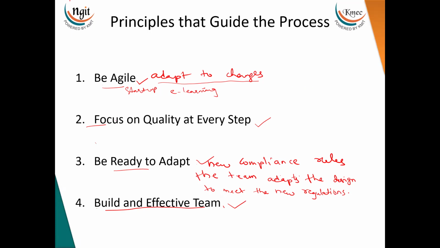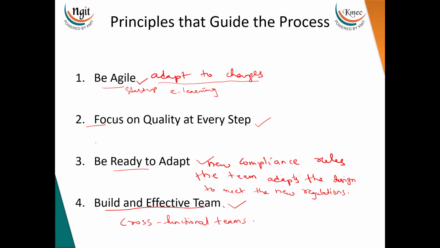So for example, let us say there is a company. For building an effective team, they will have some kind of cross-functional teams. I'll just mention it here. We will have cross-functional teams.